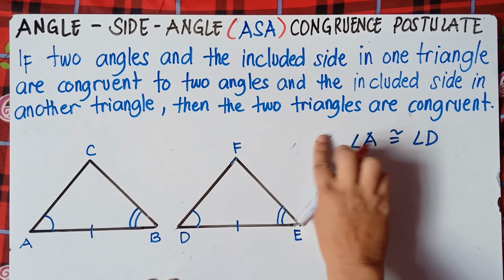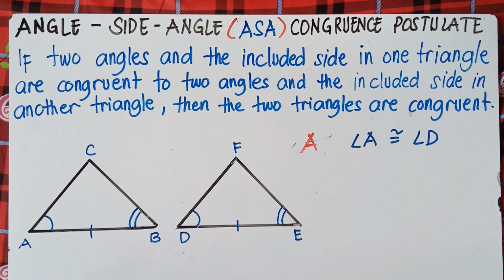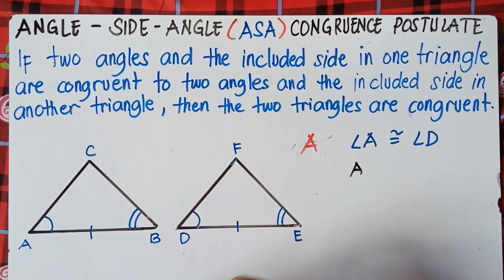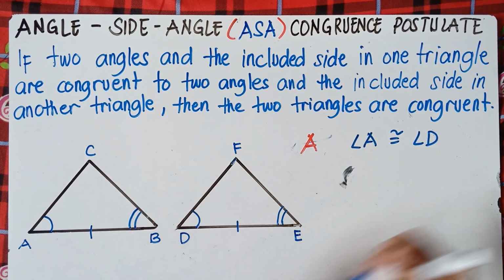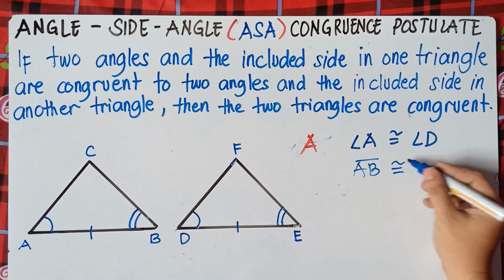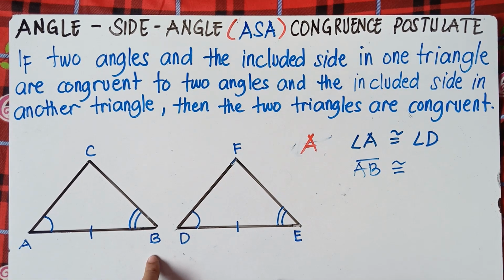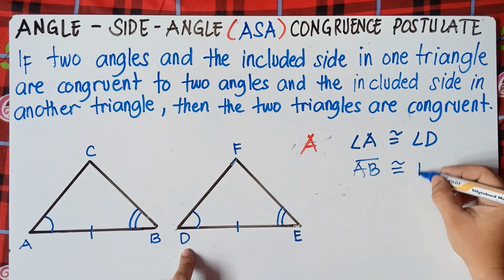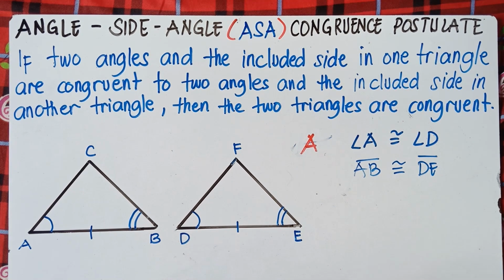So we have an angle. And this side AB is congruent to side DE. And we have a side.